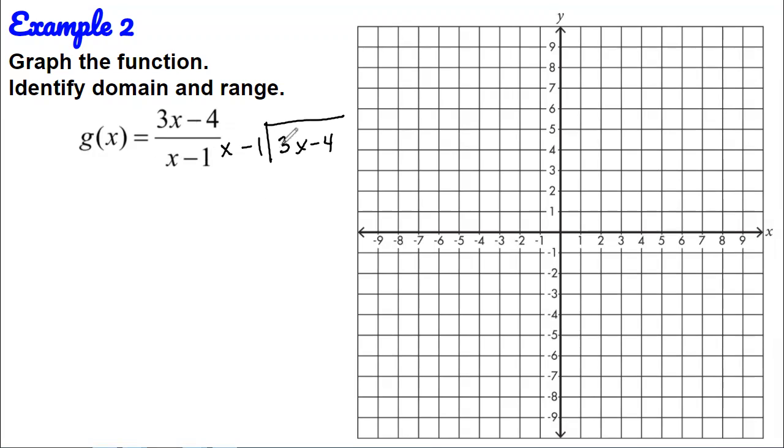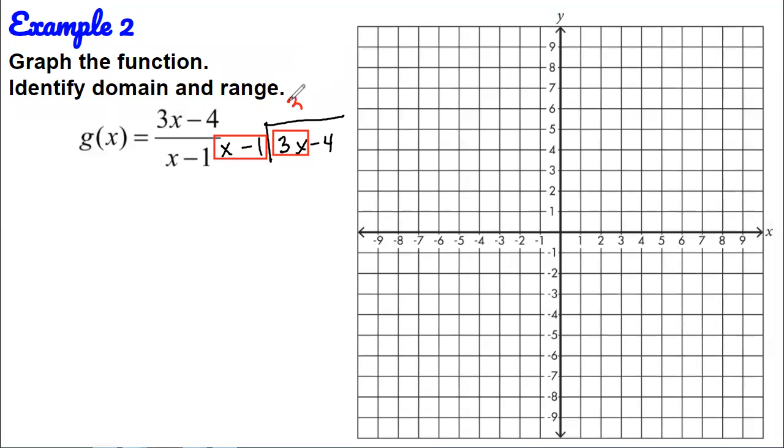Now I'm going to see what value I need to multiply this entire expression outside by so it can equal this expression inside, or at least the leading coefficient. What do I need to multiply the leading coefficient x by so it equals 3x?